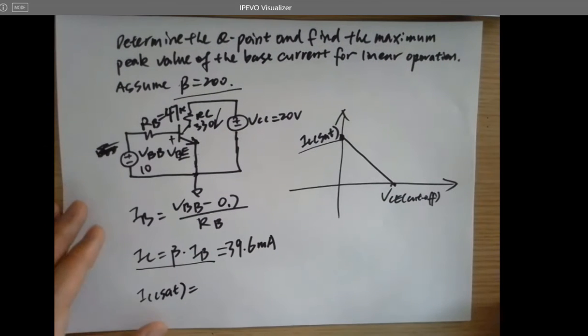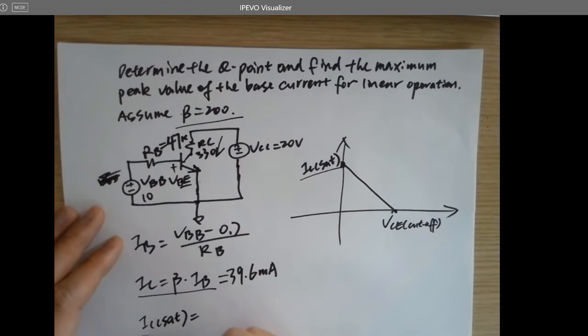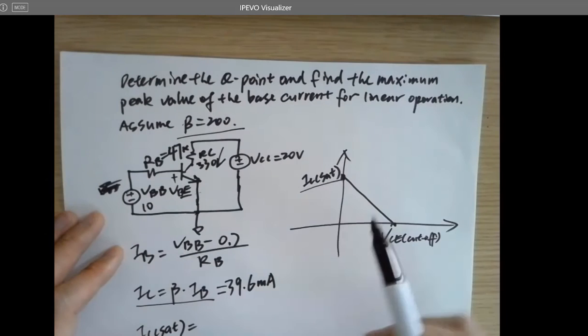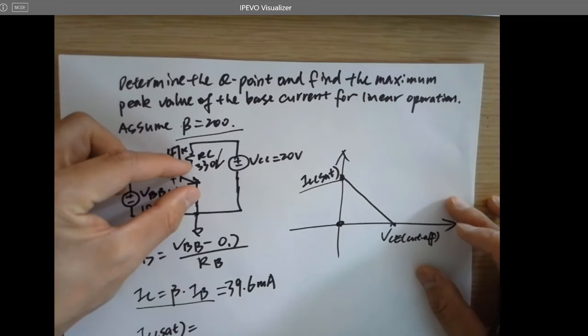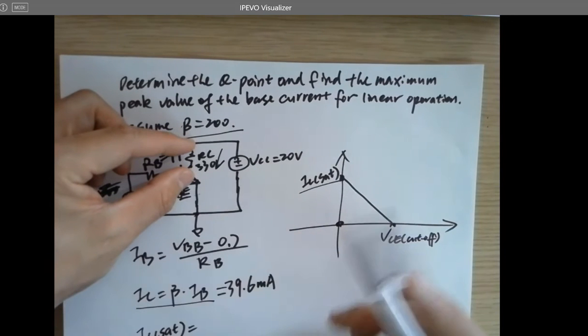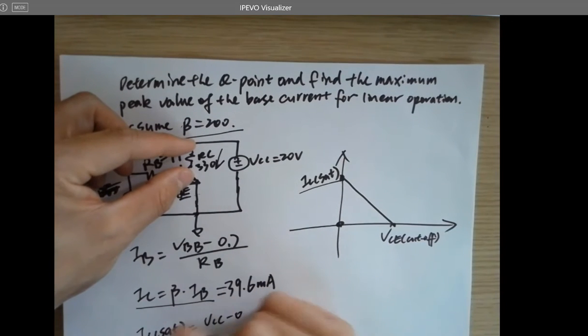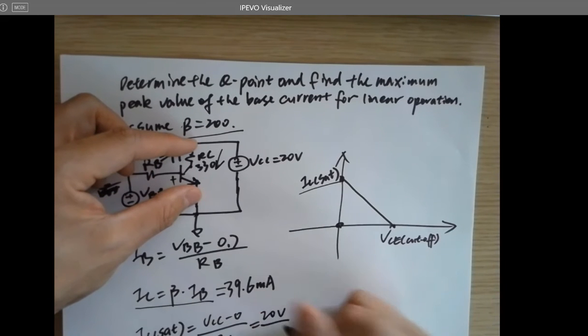What is this value here? How to calculate it? This value is calculated when VCE is 0. So when here is 0, the entire VCC will be dropped across this RC. It's going to be VCC minus 0 over RC, which is 20 volts over 330.